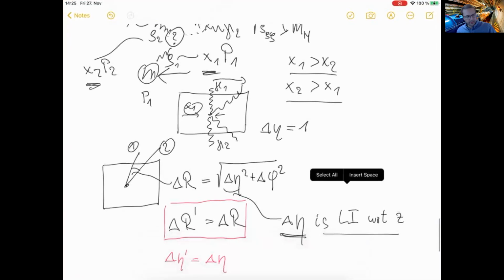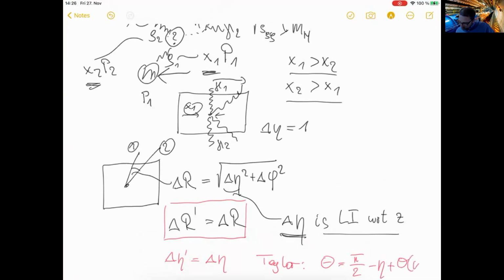There's something to show here. You can do a Taylor expansion. If you do a Taylor expansion, you find that theta equals pi half minus eta plus terms of the order eta cubed. So only by changing the variable, we can save a lot of work.